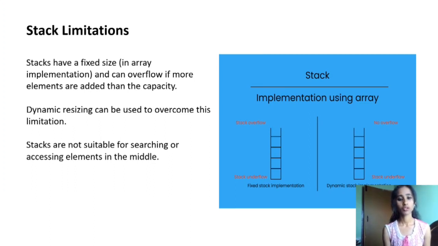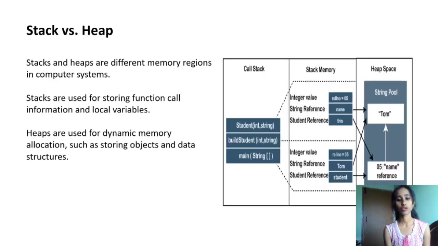Here are some of the disadvantages or limitations of stacks. Stacks have a fixed size in array implementation, storing function call information and local variables. Heaps are used for dynamic memory allocation, such as storing objects and data structures.